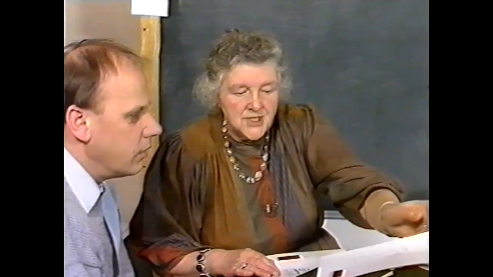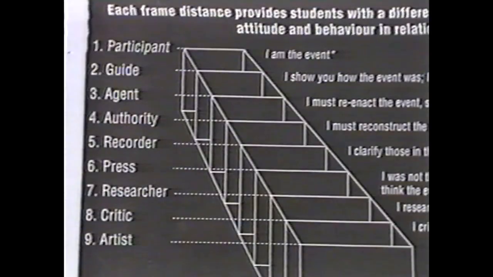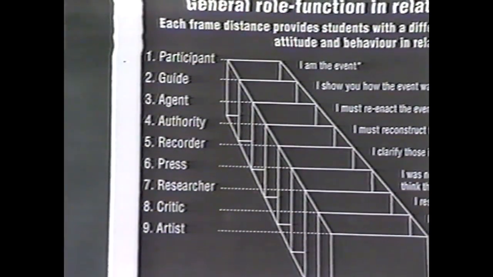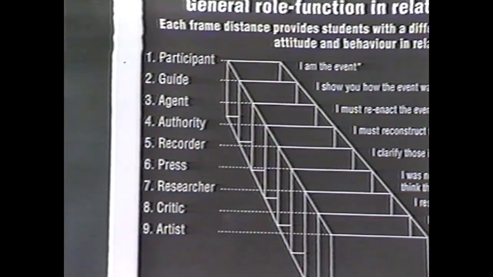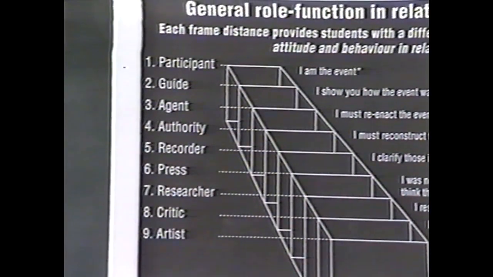Now, this one is a safer one than that one. Here, you have an authority figure. I must reconstruct the meaning of the event because there may be other possible results arising from such events. The law may have to be changed, and so on.